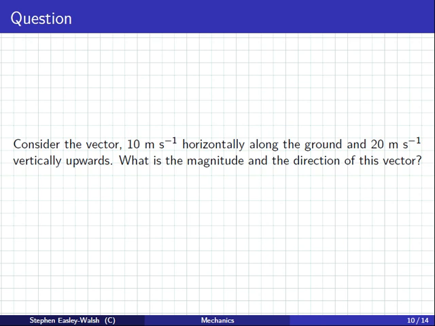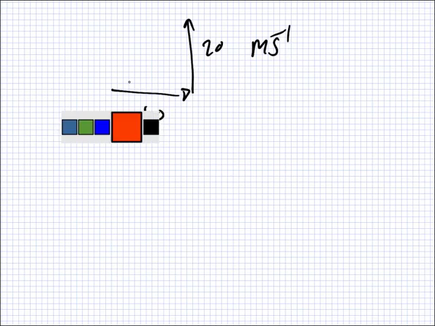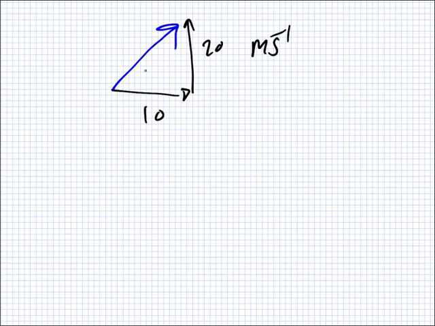Okie dokie, we got answers? No? I want to know this and this. Right, so what's the magnitude? 23.4 meters per second.